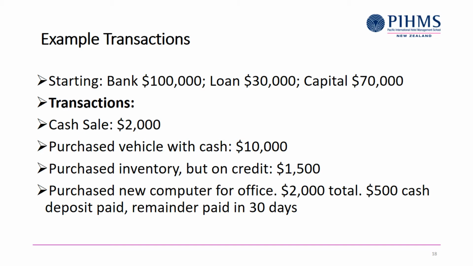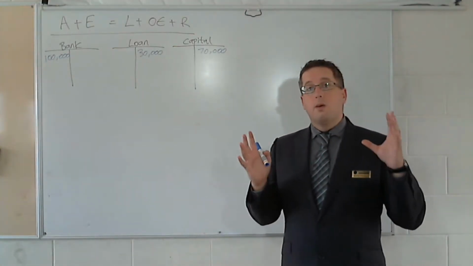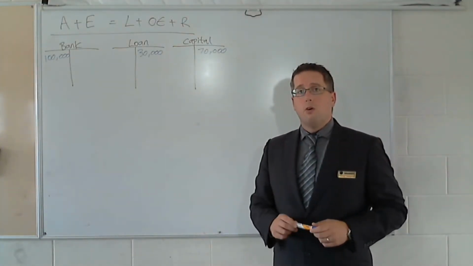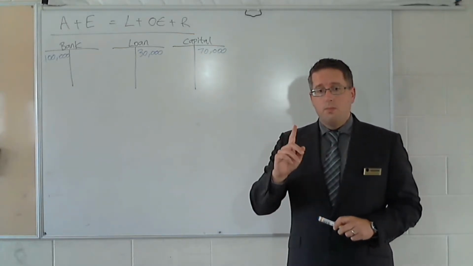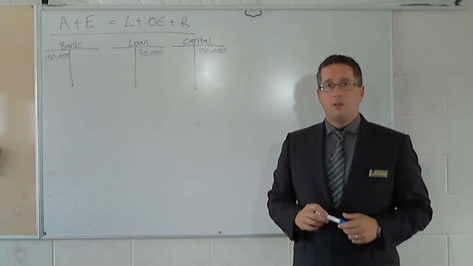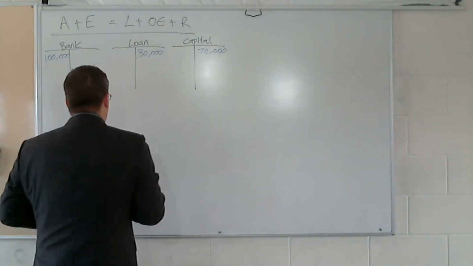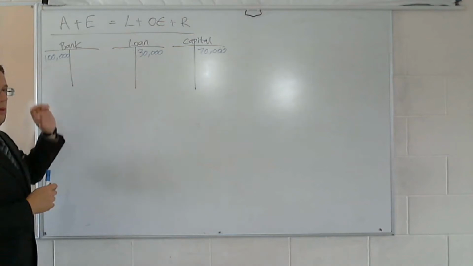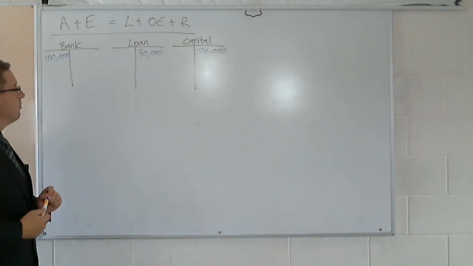So it's $2,000. First of all, we need to think about what two accounts are involved. One of them will be a bank account. We have received cash from the customer, so we need to record it in our bank account.